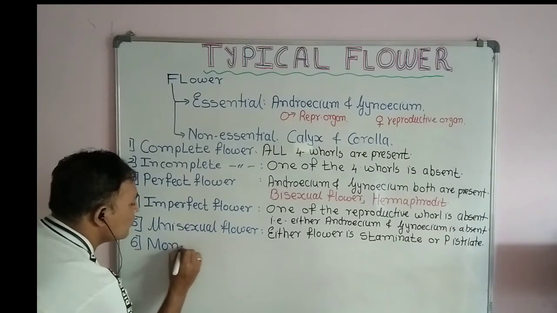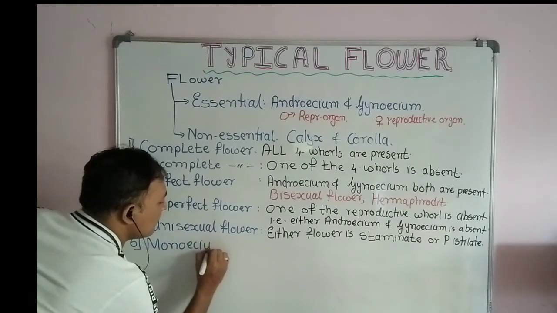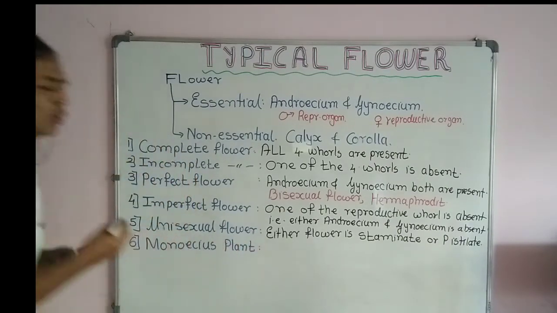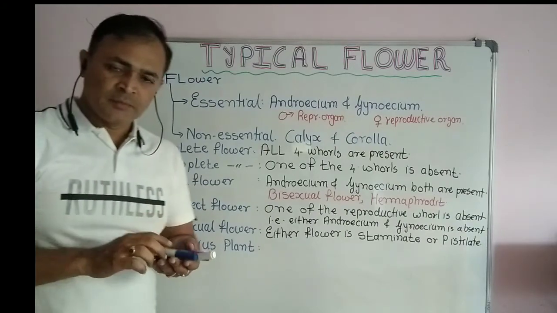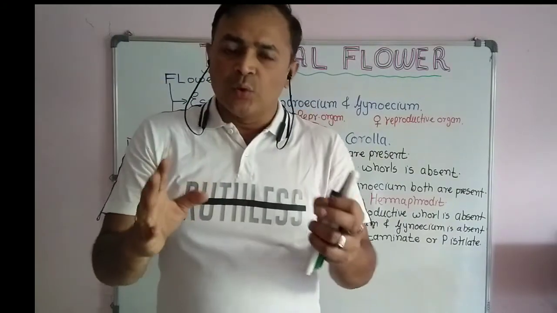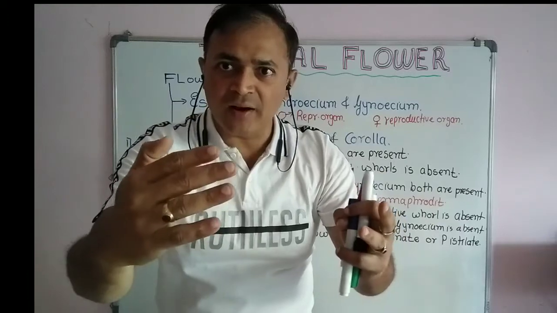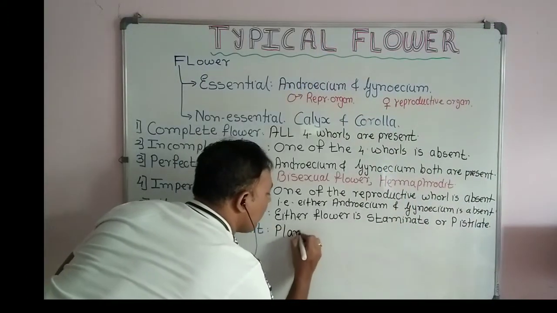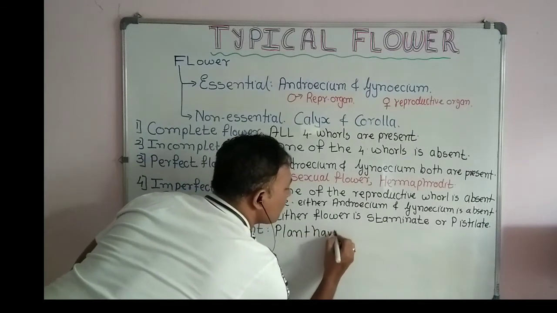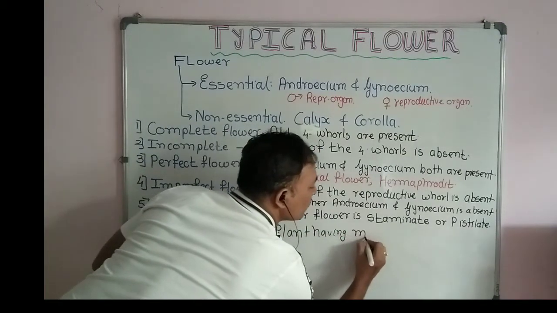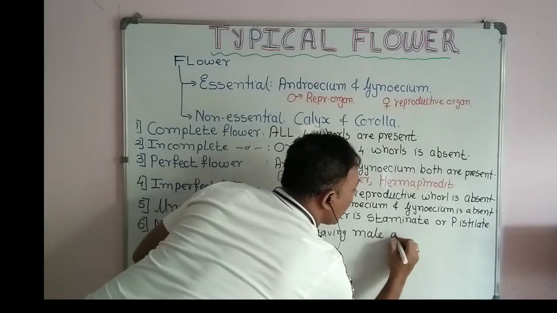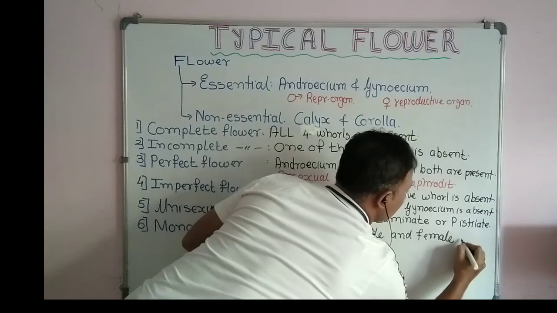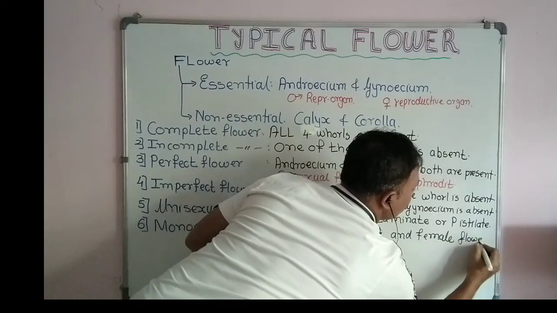Monoecious plant. A plant which has male flowers as well as female flowers, having male and female flowers both.